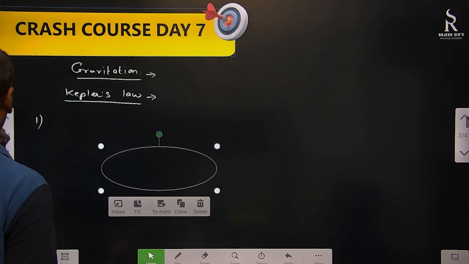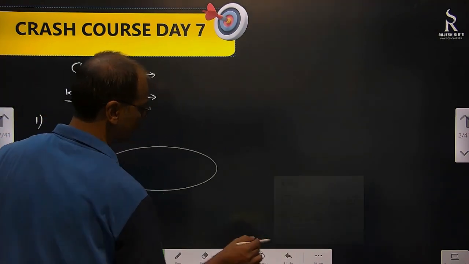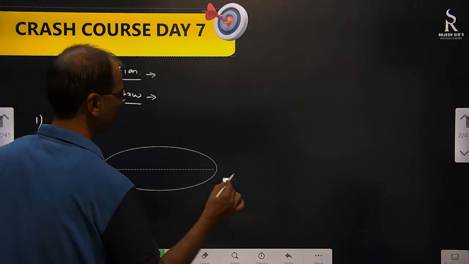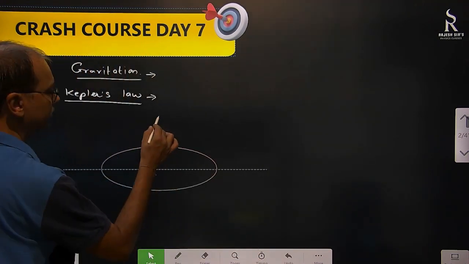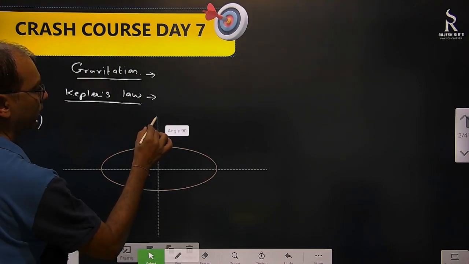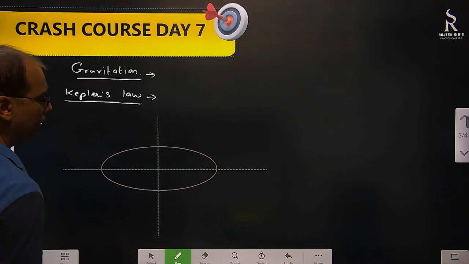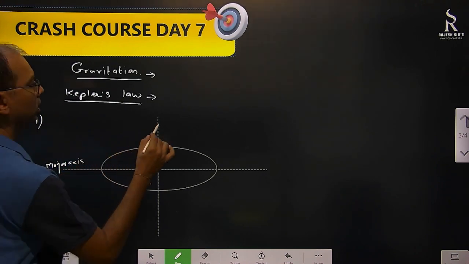Fine, something like this. If you are talking about an ellipse, then there is something called the major axis and something called the minor axis. This is major and this is the minor axis.